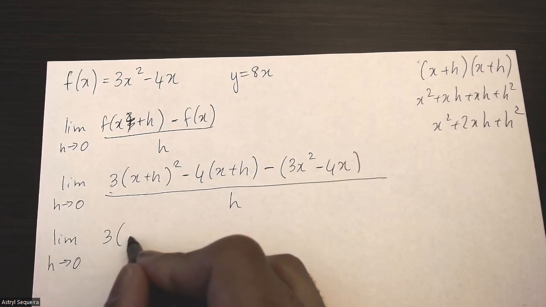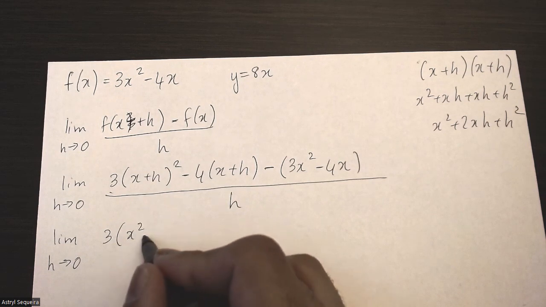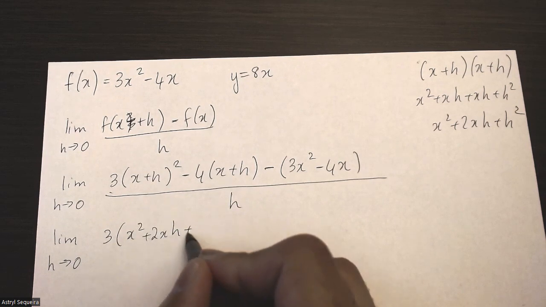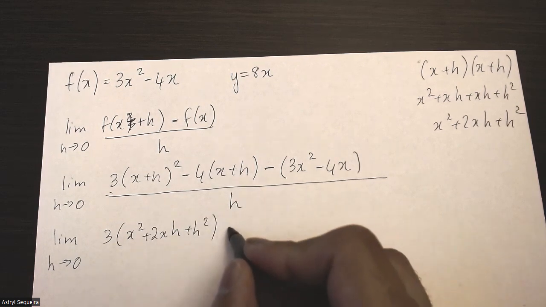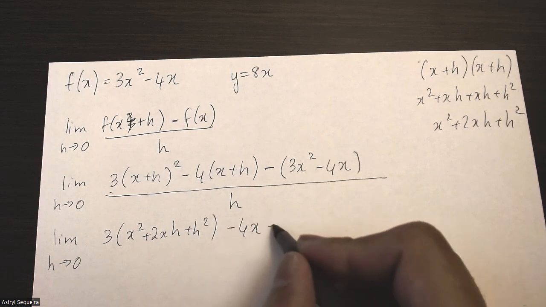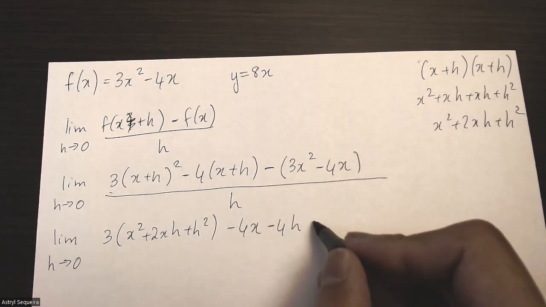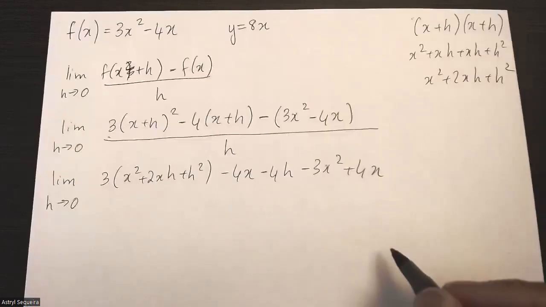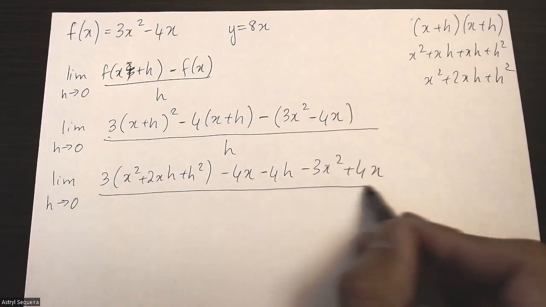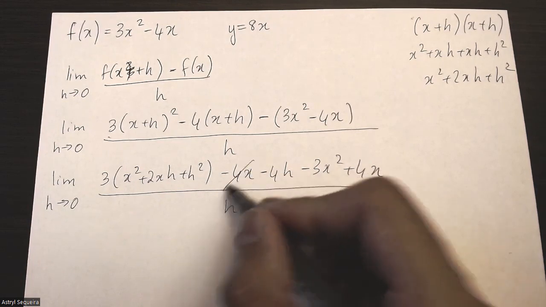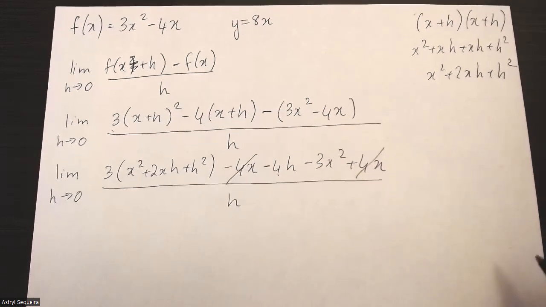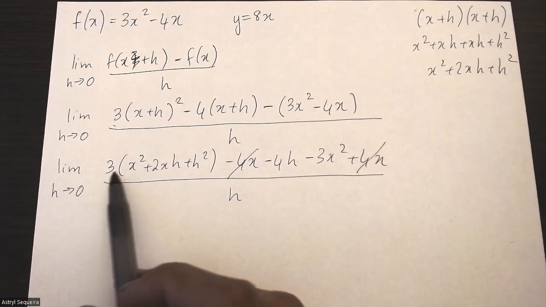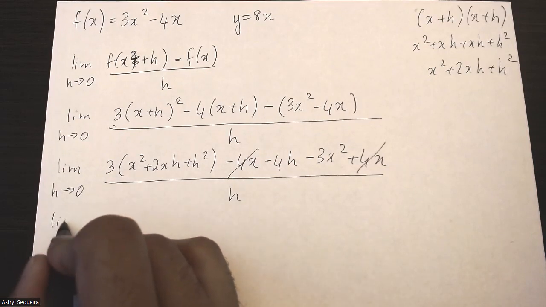So this is 3 times (x squared plus 2xh plus h squared) minus 4x minus 4h minus 3x squared plus 4x. It's all divided by h. Negative 4x and 4x cancel. And I can multiply this 3 into the bracket in my next step.